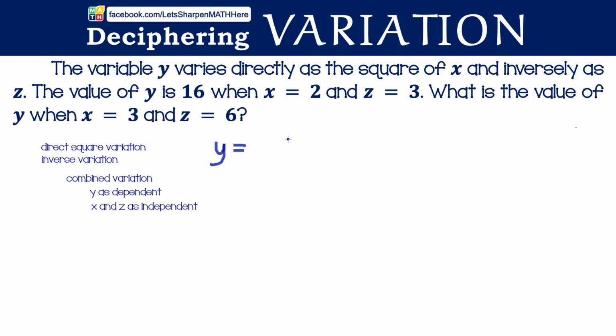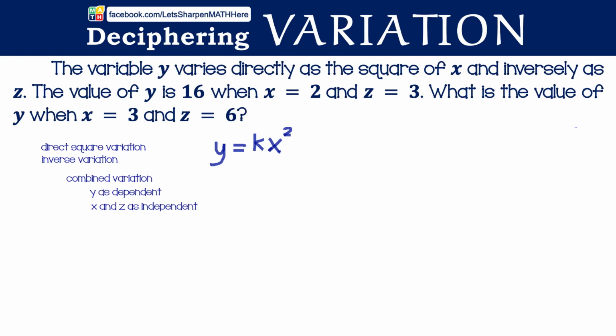So when you hear the term varies, don't forget to write the variable k, or the constant of variation, because this will determine later on the value that will allow us to compute what is unknown. But when you say directly, you can just simply place the variable, but it's the square of x. So that will look like this, for the first statement: y varies directly as the square of x.